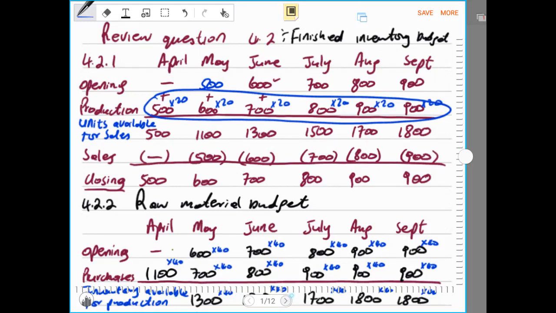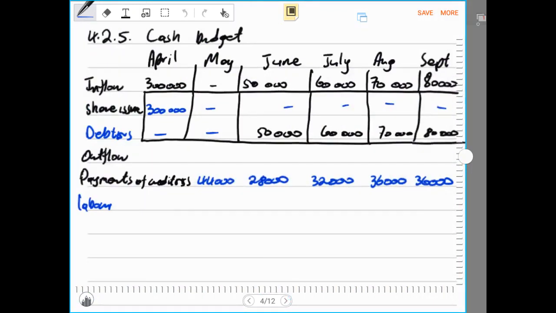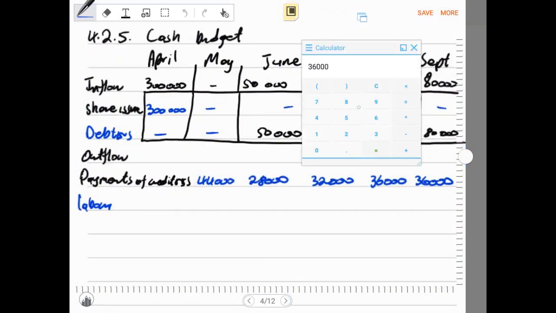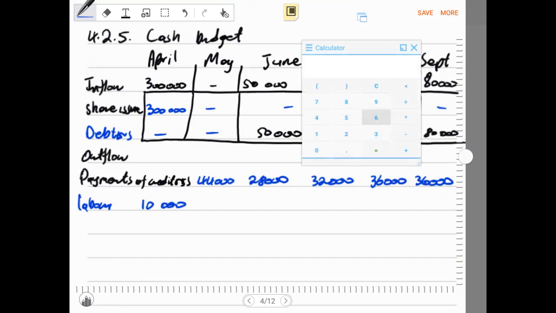Then we record that in the cash budget as labor cost. First, 500 by 20 will give us 10,000 in the month of April, because there was production in April. Then for May, 600 times 20 will be 12,000.